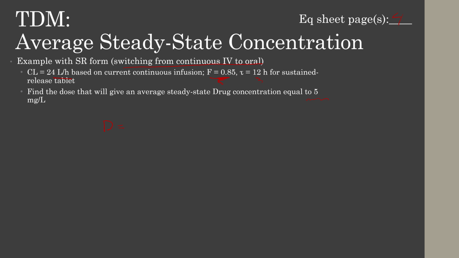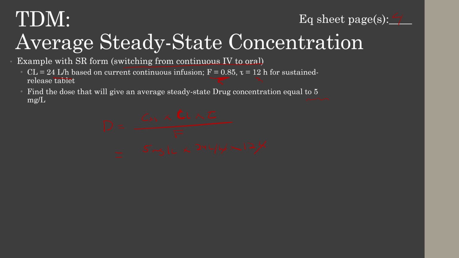And so if you go look at the equation, pretty straightforward. Css average times CL times tau over F, because we have to incorporate bioavailability. So that's looking like 5 milligrams per liter times clearance, which is 24 liters per hour, times tau, which is 12 hours.